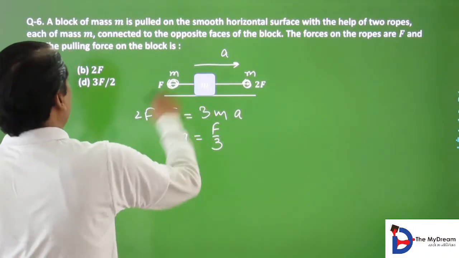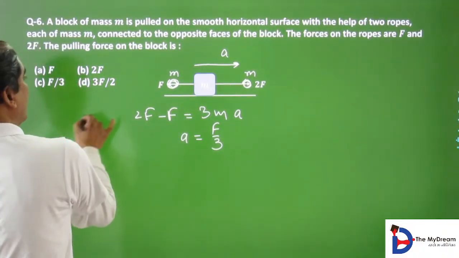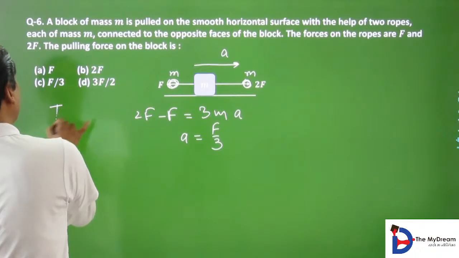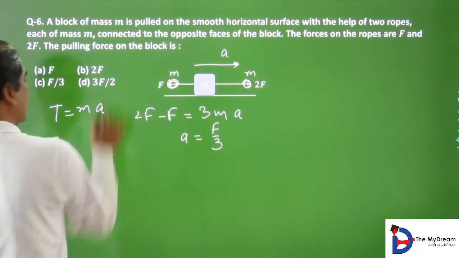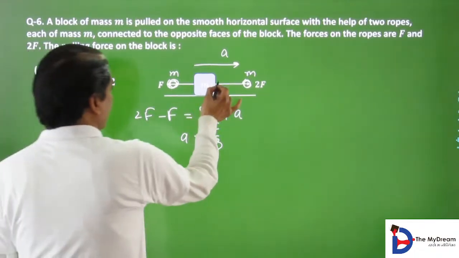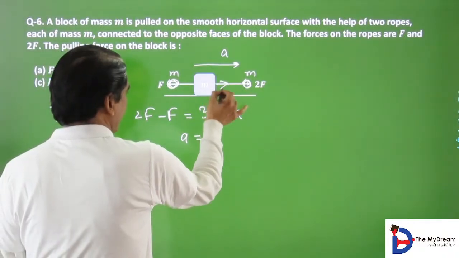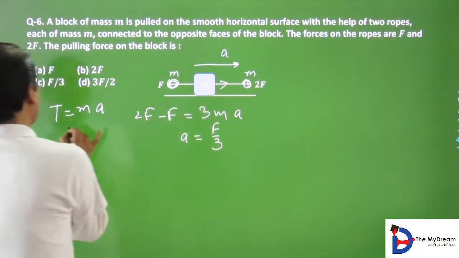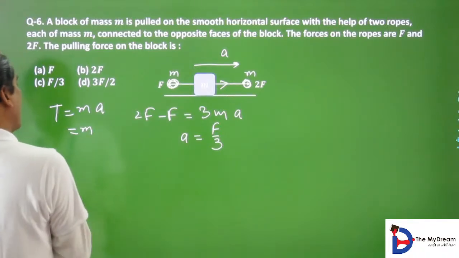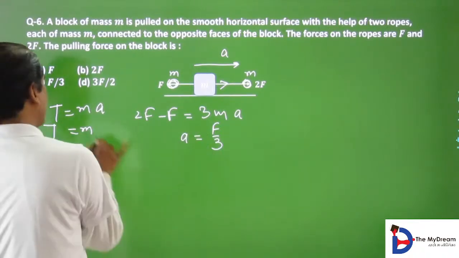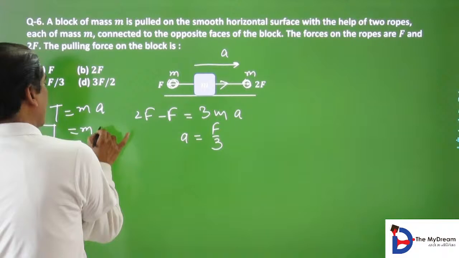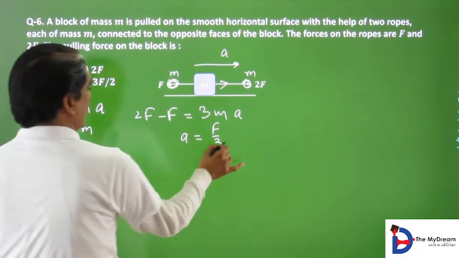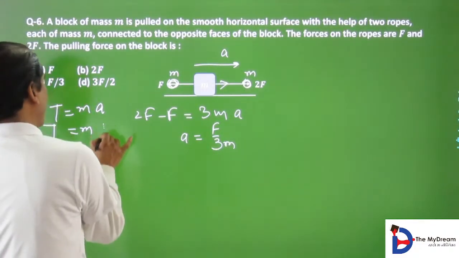If we talk about the block, you can write here T is equal to m into A. Here the pulling force that is acting, the mass of the block is m and the acceleration is F by 3m.